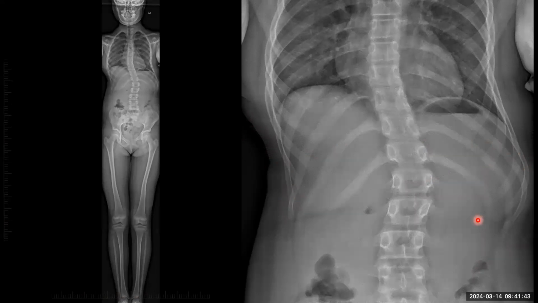And what's actually happened is this patient has had a little sway as the EOS machine has taken its acquisition on its way down, which has contributed to this unusual appearance that looks like a scoliosis but isn't a scoliosis. And one of the easy ways to pick up on this is trying to measure a Cobb angle, because there is no Cobb angle because the end plates are still vertical.